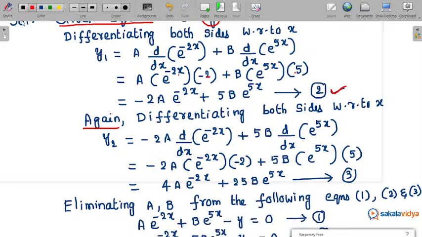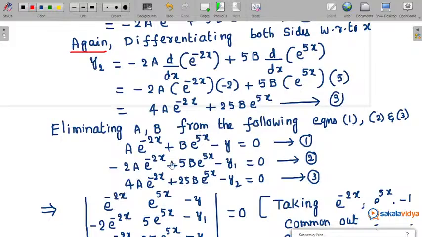The differentiation of e power minus 2x is e power minus 2x into minus 2, plus 5b into e power 5x into 5. So now this is minus 2a into minus 2, that is 4a into e power minus 2x, plus 5b into 5, that is 25b into e power 5x. Say equation 3.